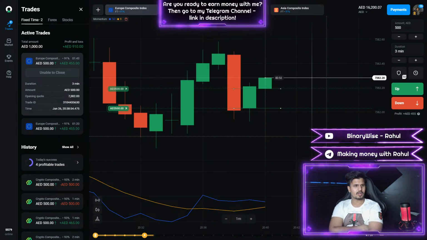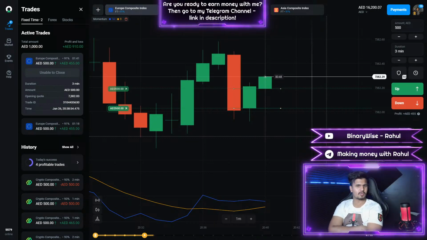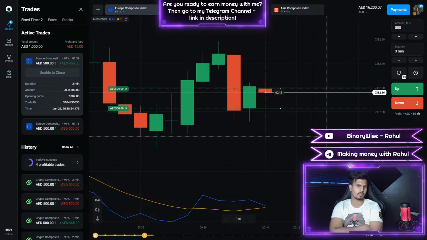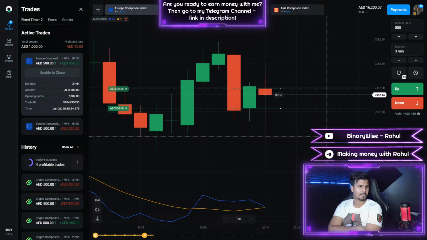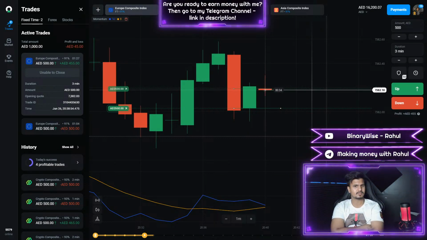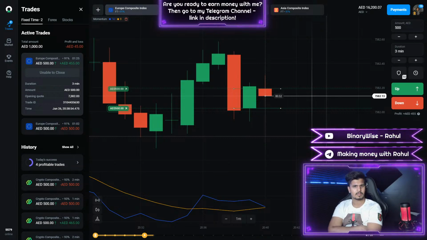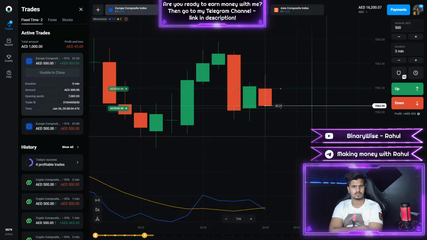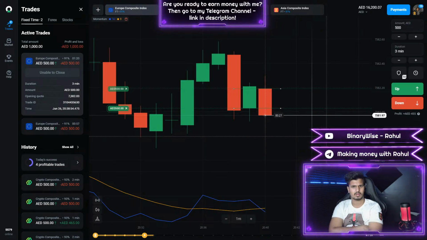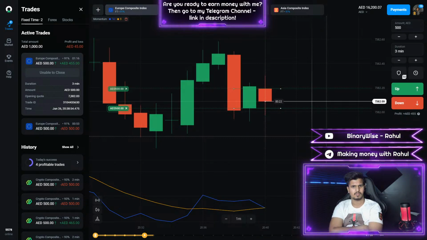So guys, approximately 1 minute 30 seconds remaining, both are in profit, and it's trying to go back again to the upward. Let's see for how much time it will remain in the upward direction. 1 minute left only. 50 seconds remaining.